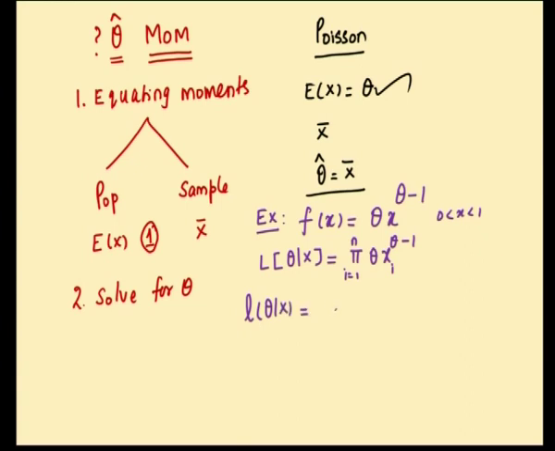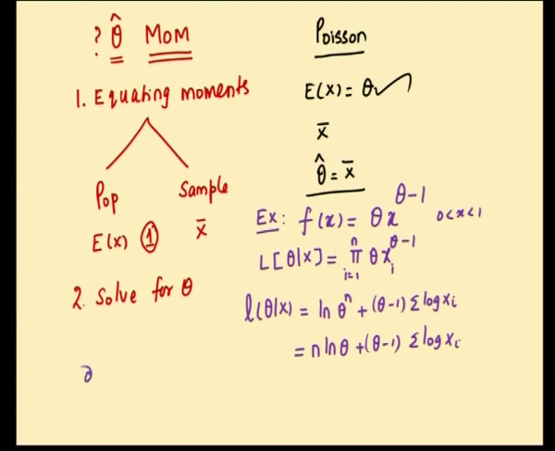The product will become addition, and theta will be multiplied n times, therefore, logarithm of theta power n plus theta minus 1 into summation of log x i. So, this theta is multiplied n times, therefore, there will be theta power n. Ultimately, n into log theta plus theta minus 1 times summation of log x i.